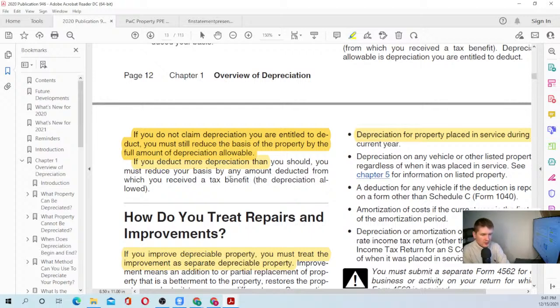So basically, if for some reason you forgot to take depreciation, or you are taking the standard home office deduction or the standard mileage rate for your car, they are still being depreciated in your tax accounting. So you have to consider whatever provides you with lower taxable income: the standard mileage, the standard home office, or depreciation.